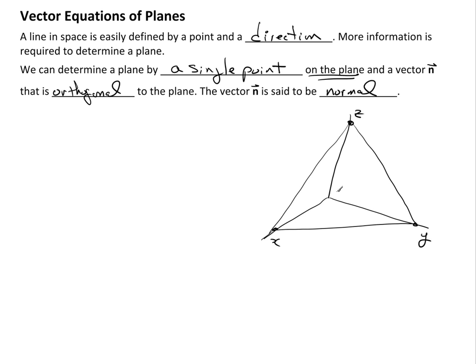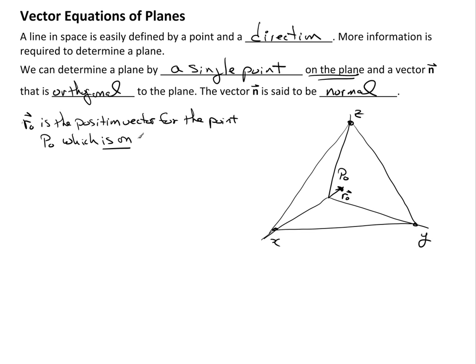So I'm going to start off. I'm going to identify a position vector, r0. This is the position vector for the point p0, which is on the plane.